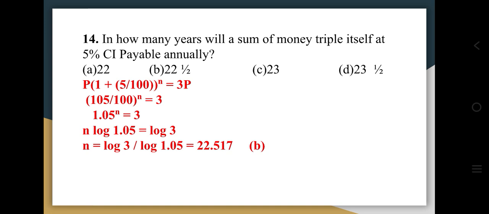If we take logarithm to the base 10 or natural logarithm, then n is log 3 by log 1.05. By using the logarithm values, you can see that it reduces to 22.517. So the answer is choice B.